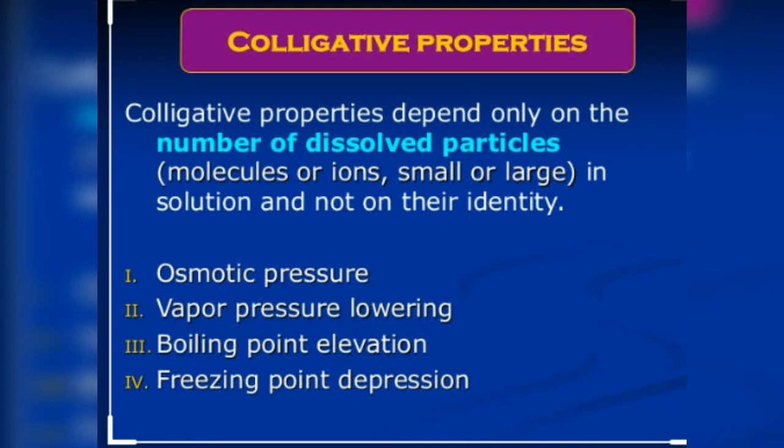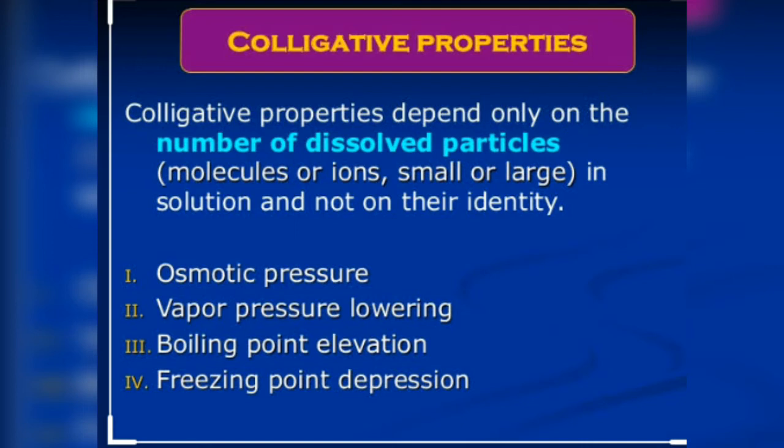All these are the properties which are totally dependent on the number of particles. Whichever is described over here is present in your lesson number 2, Solutions. In this we are going to talk about that in detail.